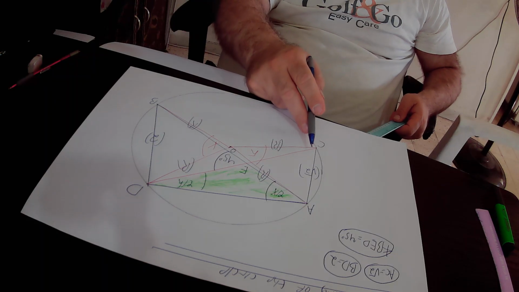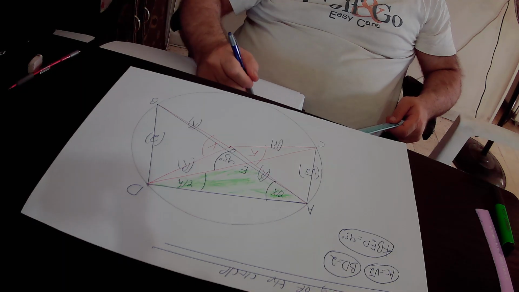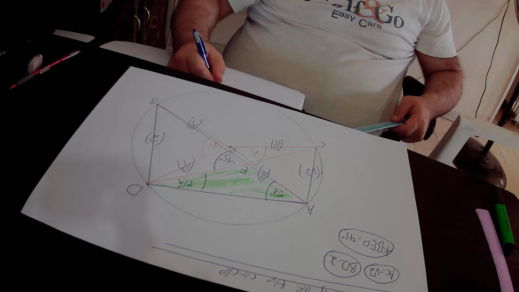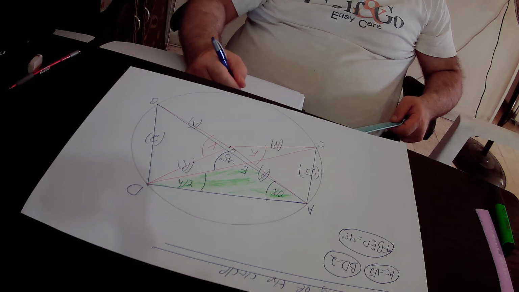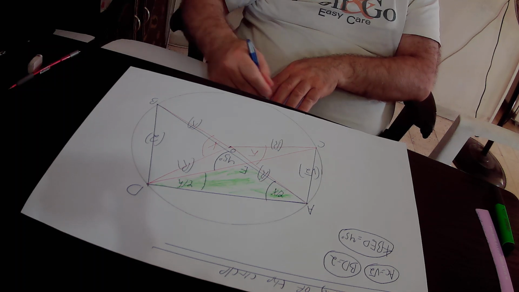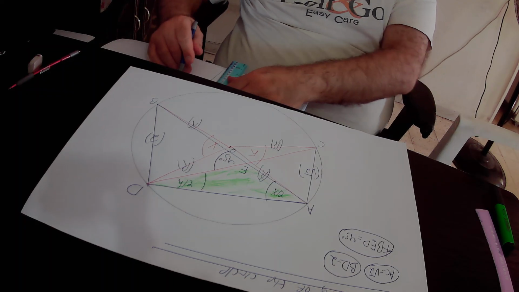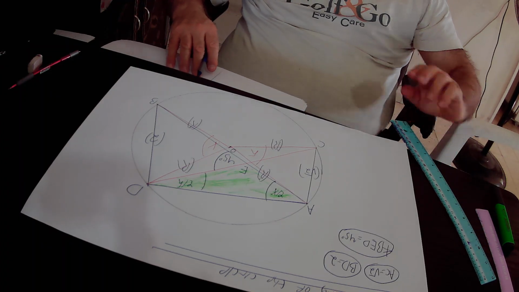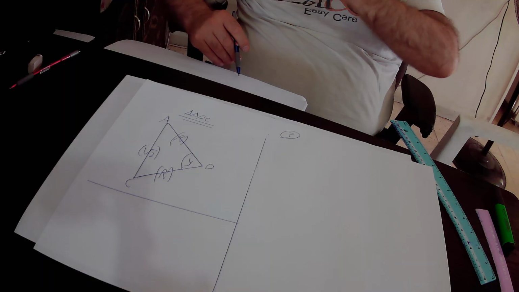Side AC equals the square root of 2 units in length, according to what is given in the question. So actually, this is triangle AOC from the original drawing.